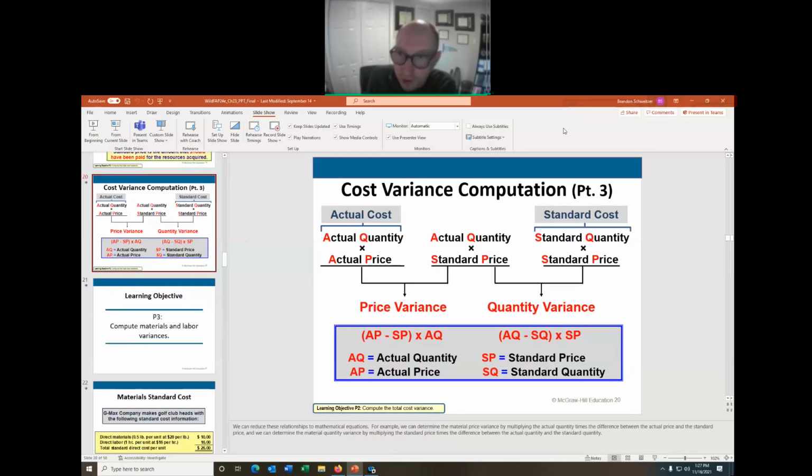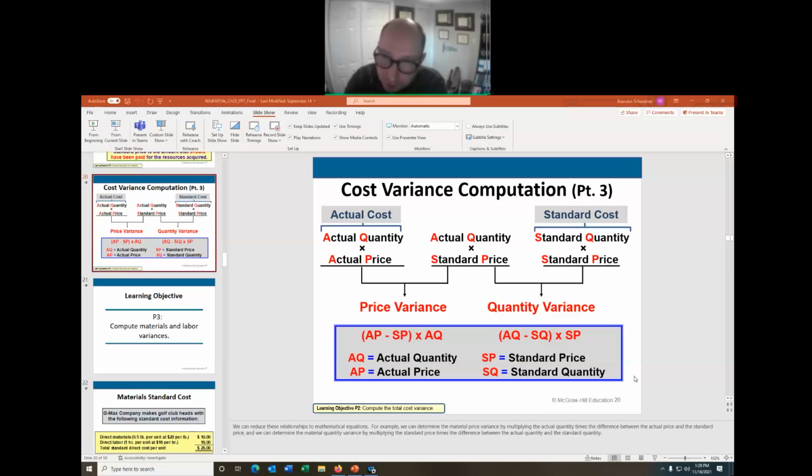This cost variance computation really all drives down to this formula, because this formula is the same formula applied for materials and labor, and to some degree factory overhead. First you find your actual cost, actual quantity times actual price. Then you find your standard. Remember, the standard is kind of like your budget: standard quantity times your standard price.